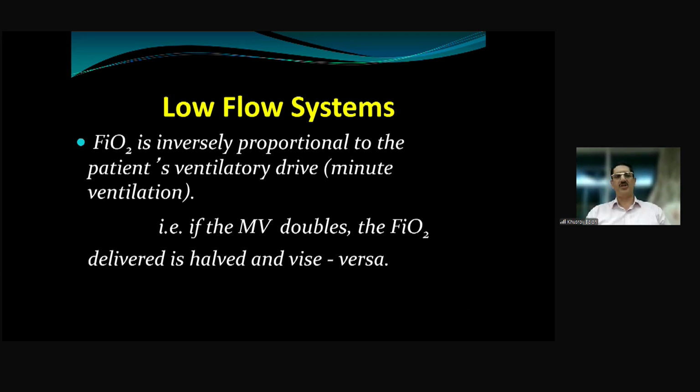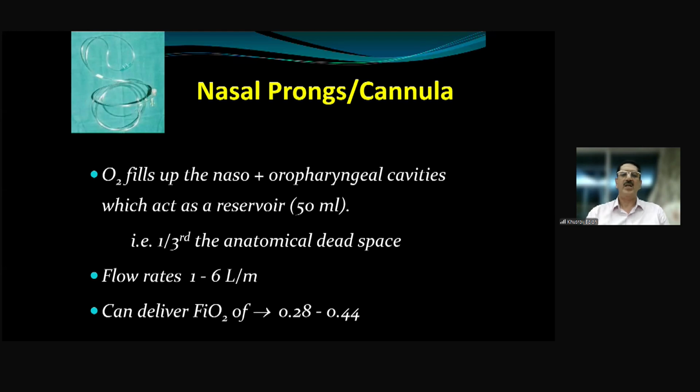So in the low flow systems, FiO2 is inversely proportional to the patient's minute ventilation, as I explained, and vice versa. And if minute ventilation doubles, the FiO2 delivered is half, because of the mixture of the air along with the FiO2. The very first is nasal prongs, and here the reservoir is about 50 ml plus your nasal air spaces, which is another 50, which is only one third of your anatomical dead space.